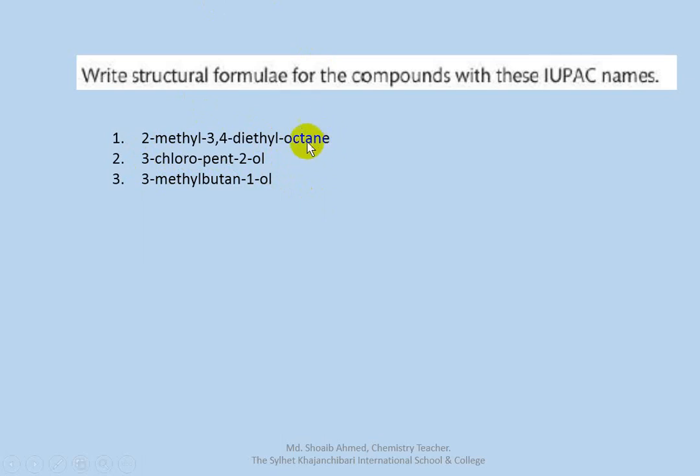How many carbons? 8 carbons, and it is an alkane, so carbon single bond. 8 carbons with single bonds. In the branches, position 2 is methyl and positions 3 and 4 are ethyl.